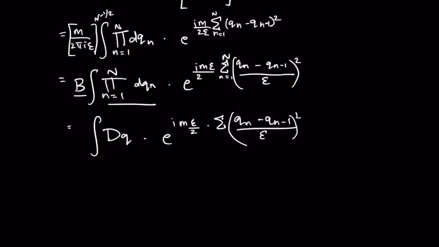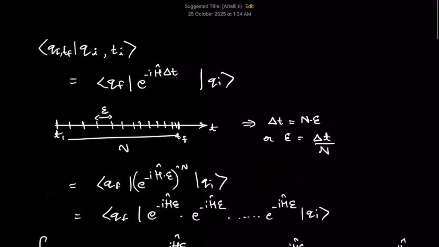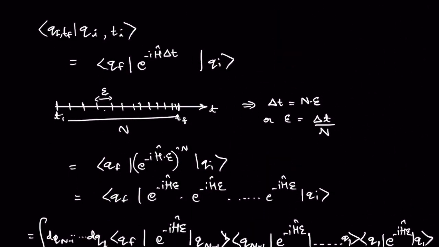So this is a general expression we got now. We're going to take the limit epsilon tending to 0 and N tending to infinity, which is basically the equivalent of saying all these discrete time steps that we define, instead of having a defined length, they're all going to be continuous.